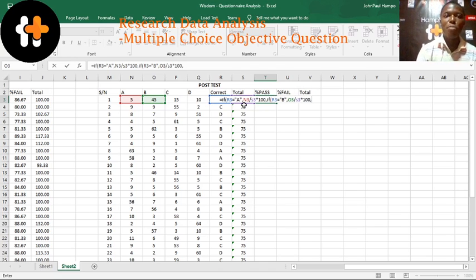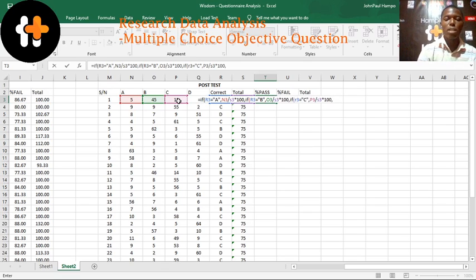Then what about if R3 is equal to C? You take the cell C, divide by S3, then you multiply it by 100.